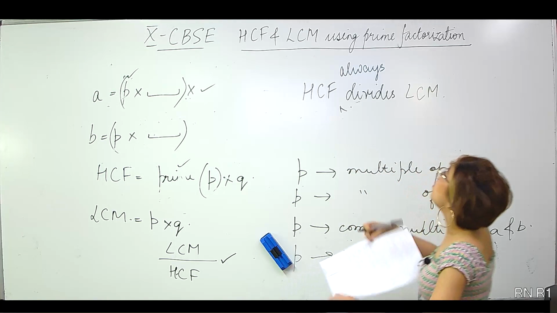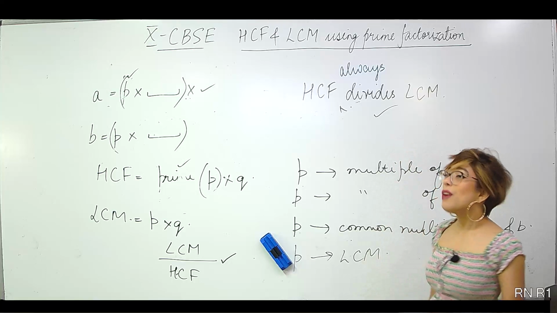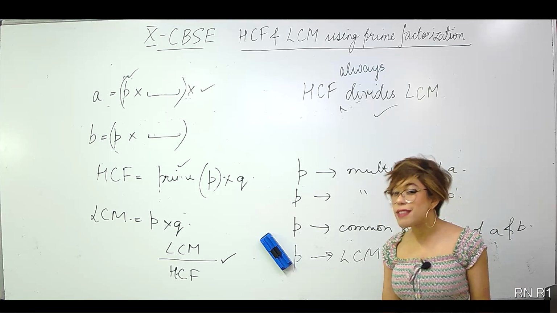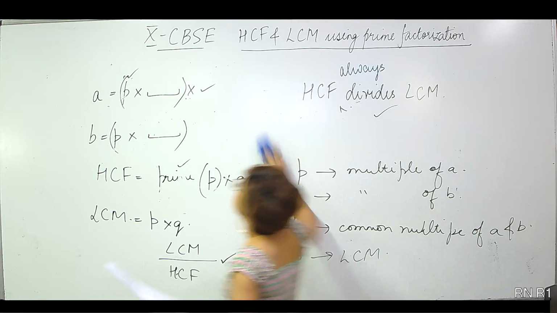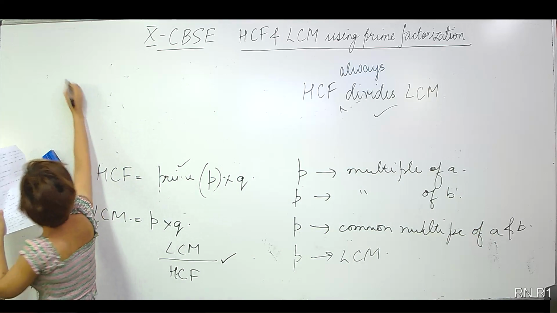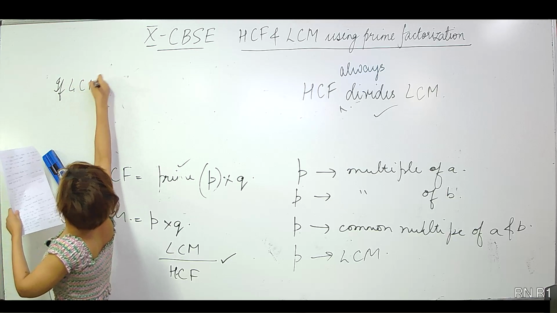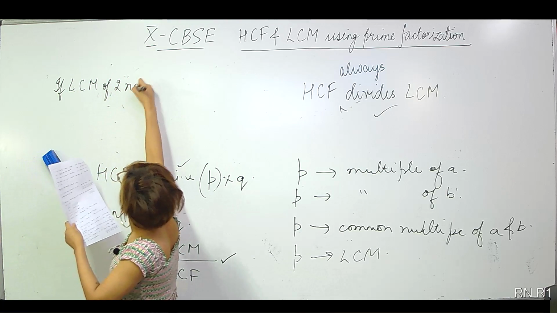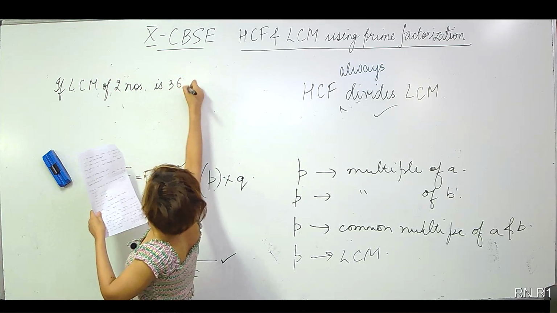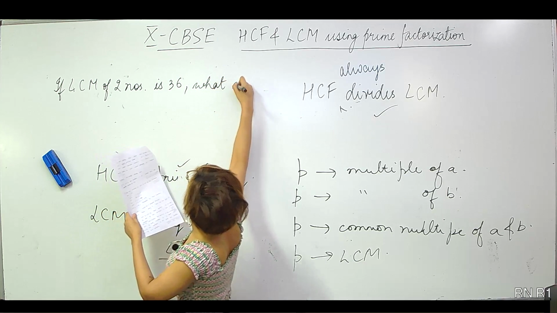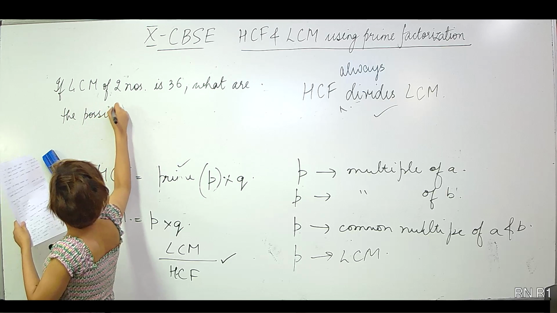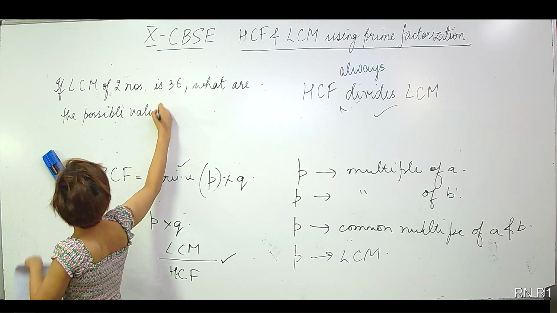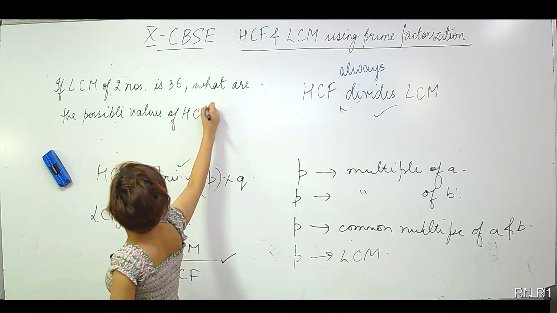Alright, so now we can use this result, or in fact we should not even call it a result because this is basic common sense. So we'll use common sense to do further questions. Write down. If the LCM of two numbers is 36, what are the possible values of HCF?